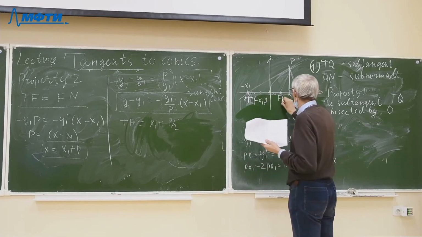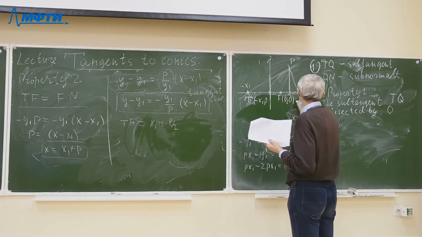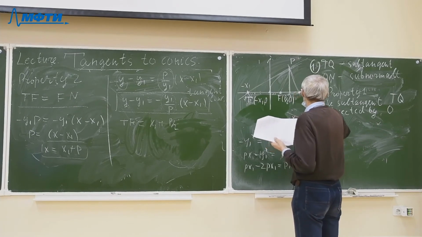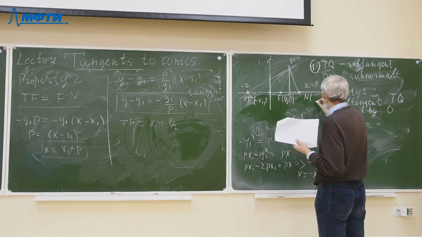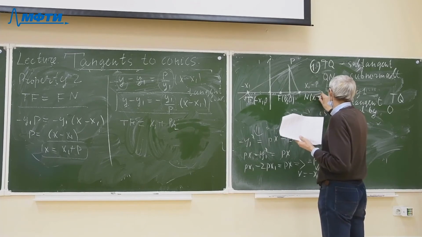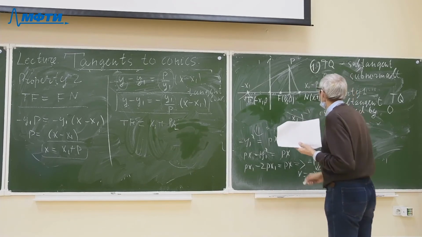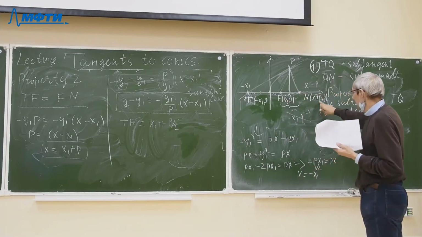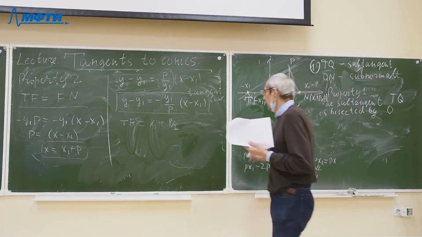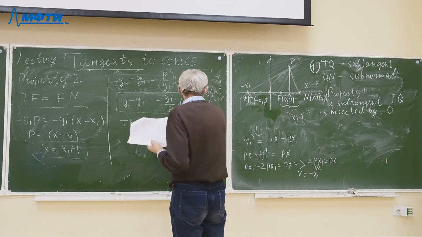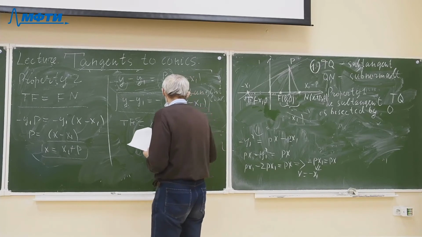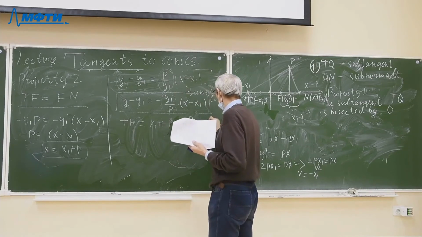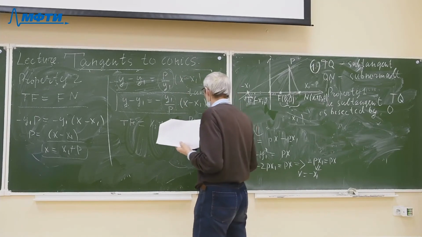The coordinate of F is p divided by 2, 0, and the coordinate of point N is x1 plus p, 0. And this distance, x1 plus p minus p divided by 2, equals x1 plus p divided by 2.